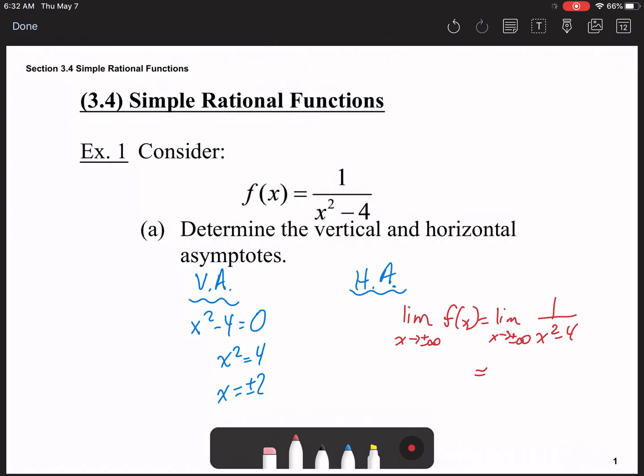I choose a very large number, I substitute it into x, and I get a value of 0. You might also notice that the numerator is 0x squared plus 0. If you take the 0x squared divided by the 1x squared, because those are the more dominant values as x gets really, really large, you'll see that it gets very close to 0. So your horizontal asymptote is y equals 0.